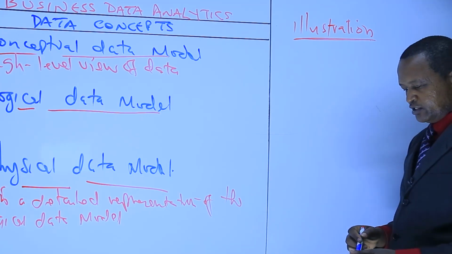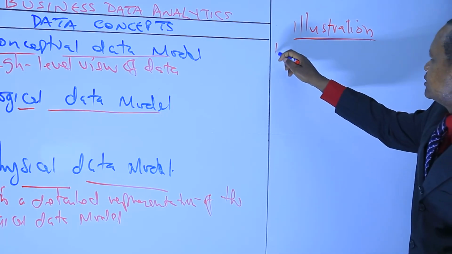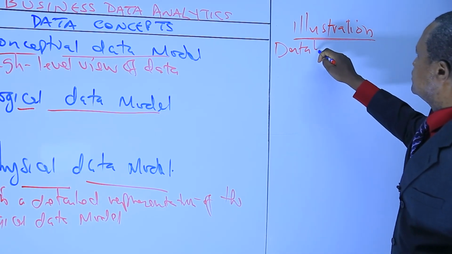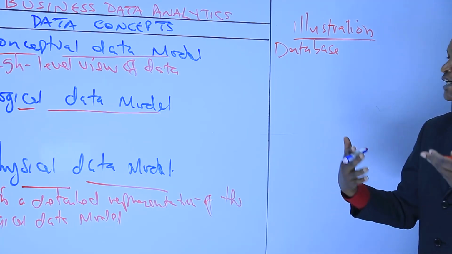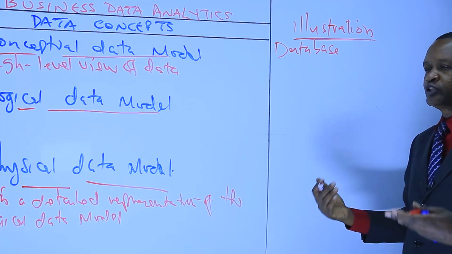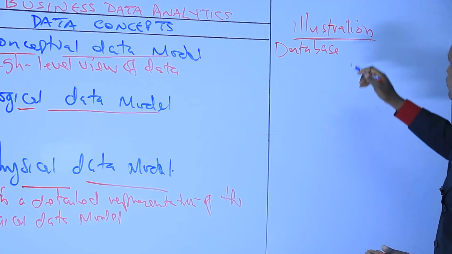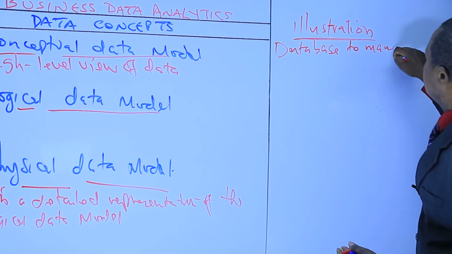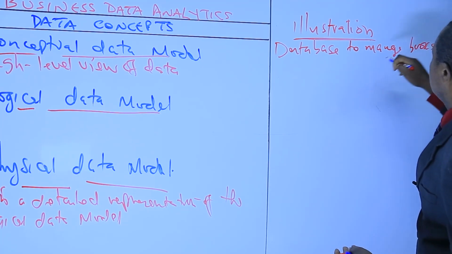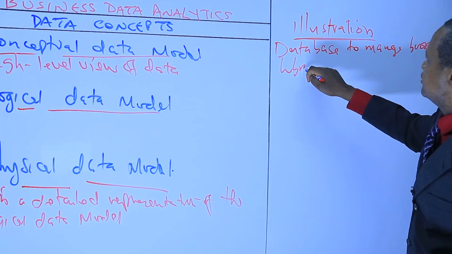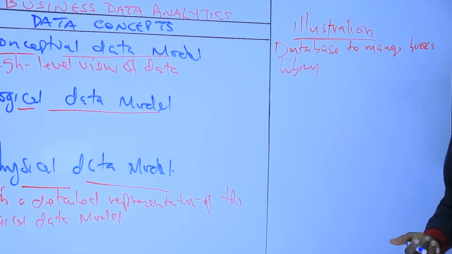Let's say we are to design a database to manage books, or even a library, at say Manifested Publishers.